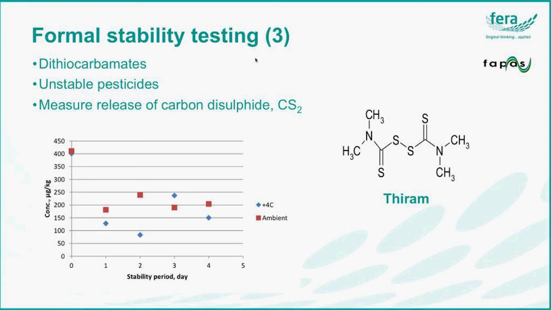So you can see on this chart the difference in concentrations between samples stored at ambient conditions and those stored at 4 degrees C. There was an immediate drop in concentration over the first 1 day, that is 24 hours, but after that it clearly had stabilised over a 4-day period, which would be the normal period of time for shipment of those samples.